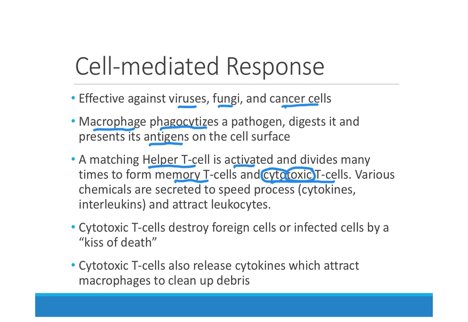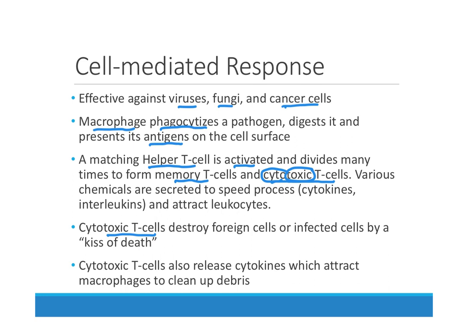There are various chemicals that are secreted in this process, both to speed up the reproduction of these T cells and also to attract the other leukocytes, the other supporting white blood cells. So the cytotoxic T cells destroy foreign cells or pathogens by basically, again, connecting to those infected cells and putting a hole in the cell membrane.